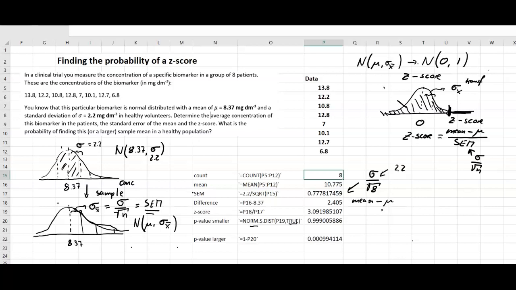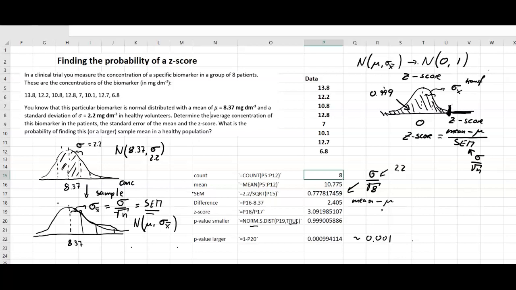So the probability of this part here is 0.999, and we can now just simply say we know that the area under the normal distribution curve is 1, and in order to find the right side of the z-score, we just simply calculate 1 minus this score, which gives us 0.009, which is roughly 0.001.